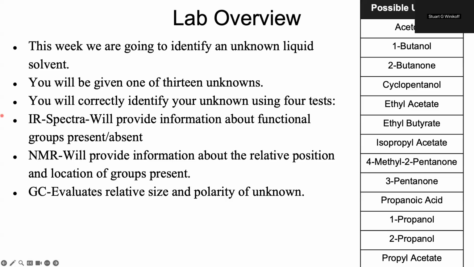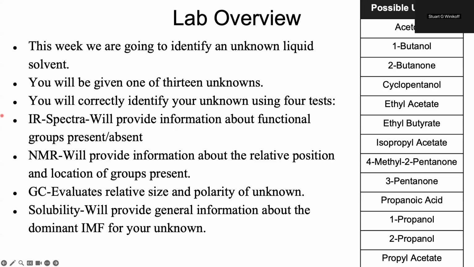Then we're going to go ahead and use GC. GC can help evaluate the relative size and polarity of an unknown. This is going to be pretty much a cousin to the thin layer chromatography that we started off the semester with. And the final test is going to be solubility. This is also going to provide us a lot of information about intermolecular forces as well as size.